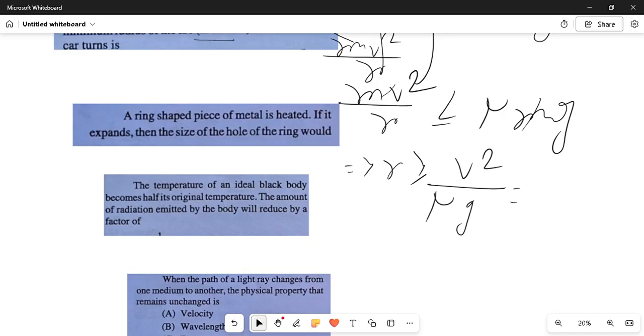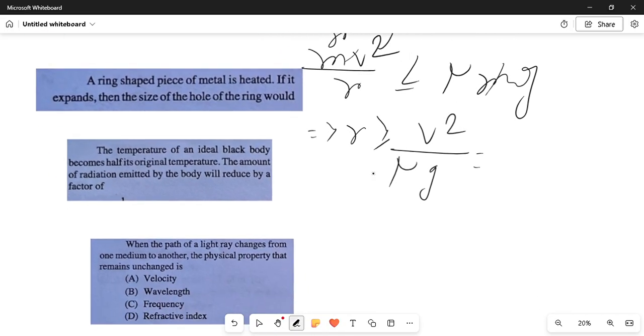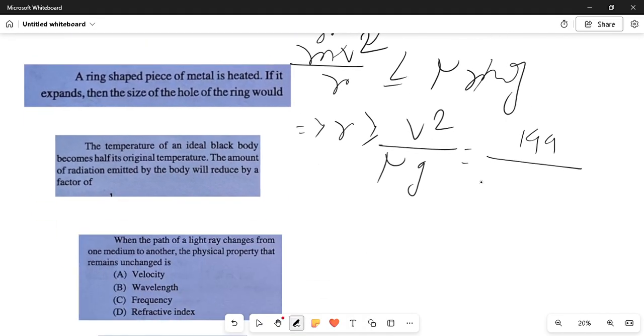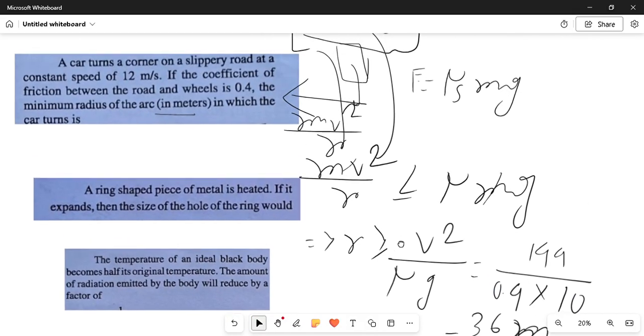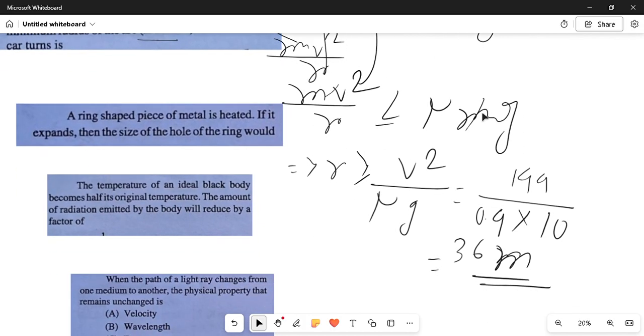V is 12 meters per second, so v square is 144, mu is 0.4 and g is 10. So this is 36 meters. The minimum radius of the arc is 36 meters, and it is the condition for not skidding.